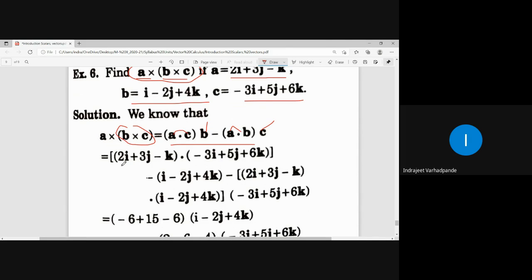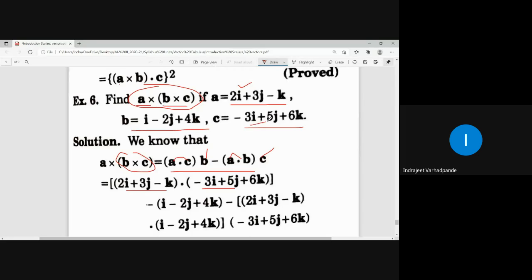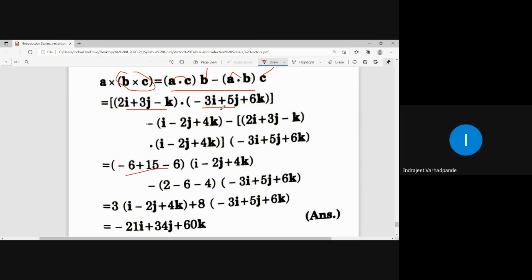What will it be for a dot b, and for a dot c? This dot this, a dot c, this is your a, this is your c. So i dot i, j dot j, k dot k is 1. You only need to take the product of the coefficients of i as well as j as well as k. Accordingly the product of these two multiplied by the vector b, and the product of these two multiplied by the vector c.